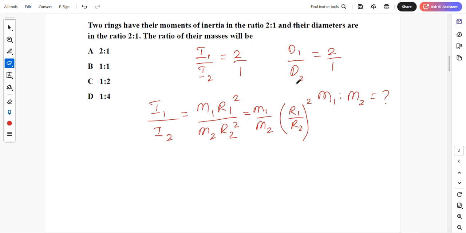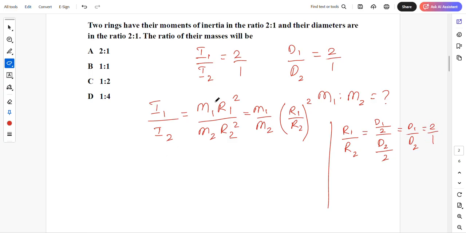Now they have given d1 by d2 is equal to 2 by 1. What is r1 by r2? It is nothing but d1 by 2 divided by d2 by 2, because the radius is half of the diameter. The 2 gets cancelled. That is same as d1 by d2, that is 2 by 1 itself here.